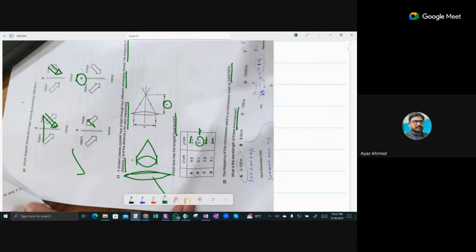The wavelength lambda is equal to v by f. V is not given, but you have to recall it from your brain. It's 3.0 times 10 raised to the power 8. Yes, it is a tricky question. So 2400 mega is 10 power 6. When it is cancelled out, what will be the answer? A.